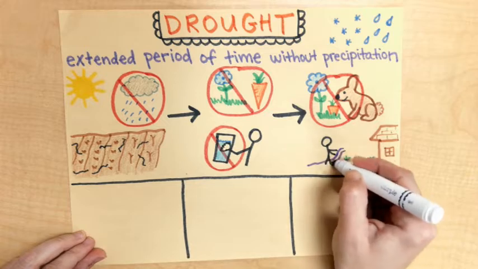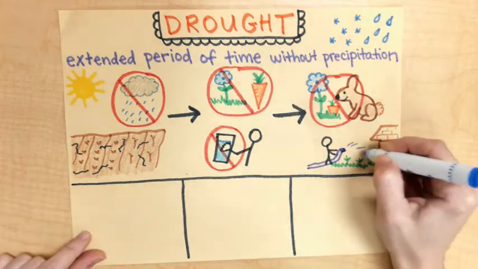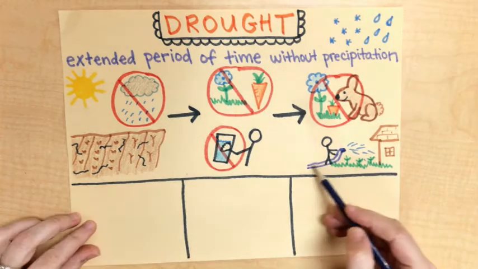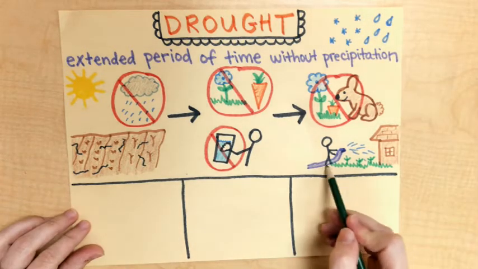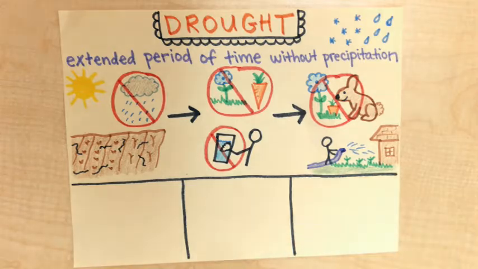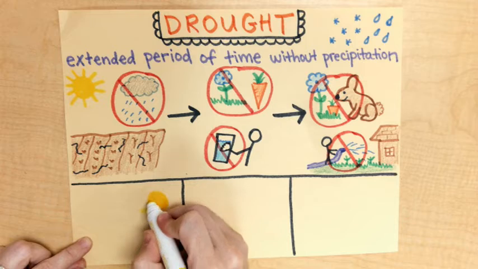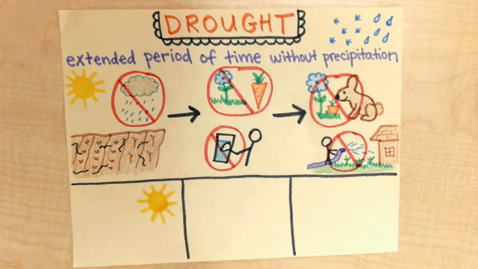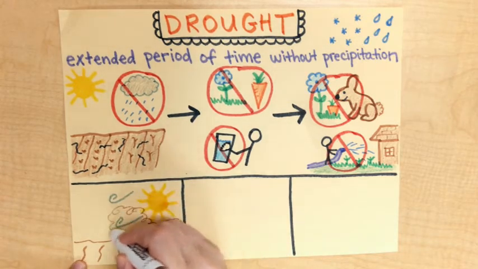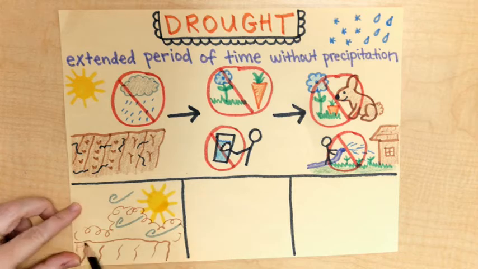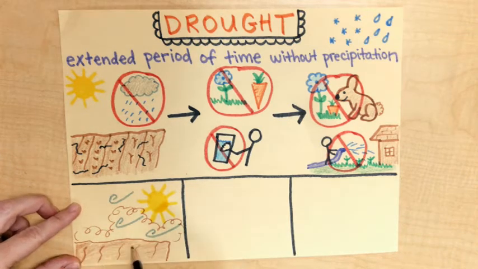Also, with a lack of water, there might be certain bans put on us as humans with some of our everyday activities. We might not be able to wash cars. We might not be able to water our lawns or our flowers because we are trying to conserve whatever type of water that we have to be able to drink it or even grow crops.